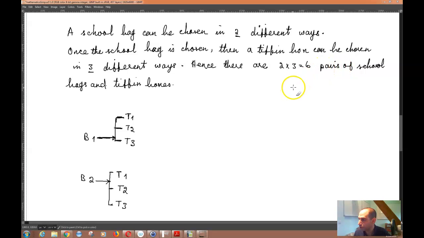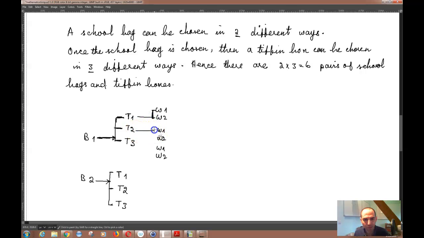the water bottles. Each of these combinations of bags and tiffin boxes can be chosen with 2 water bottles. So you have W1, W2, W1, W2, W1, W2, and you can connect these together.